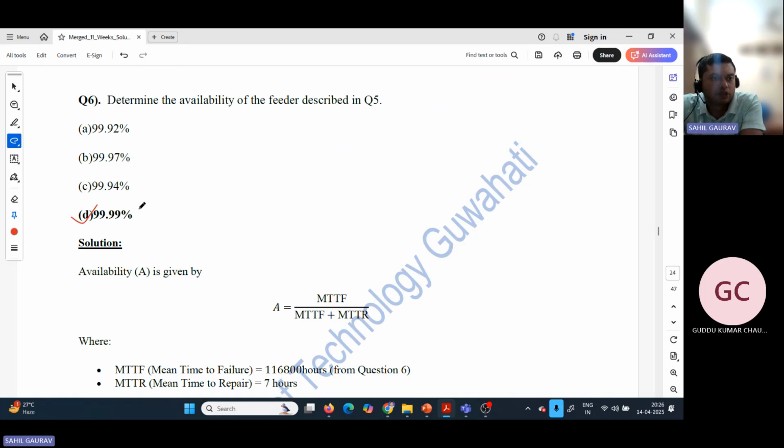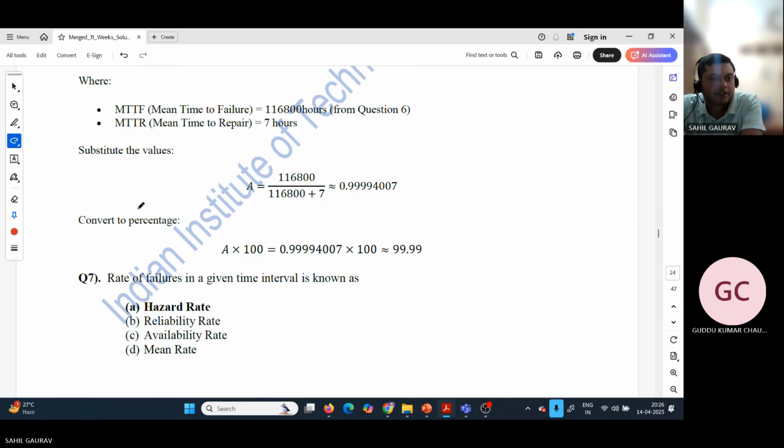Availability you got is 99.99%. The rate of failures in a given time interval is known as hazard rate. So A is the correct option.